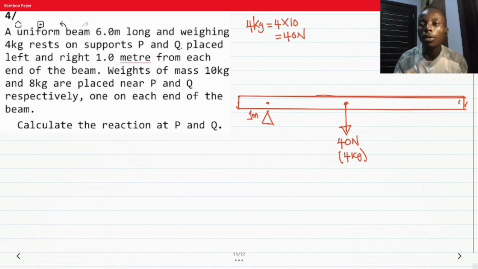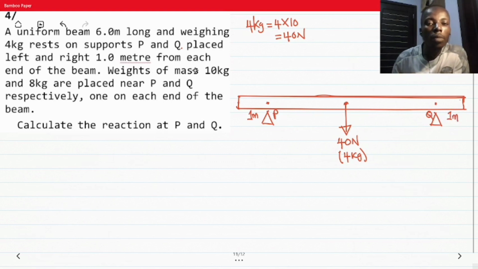Then I come here and have, at 1 meter, another support, which is Q. This is P, and this is 1 meter from each end of the beam.